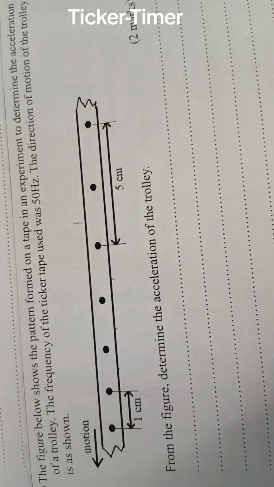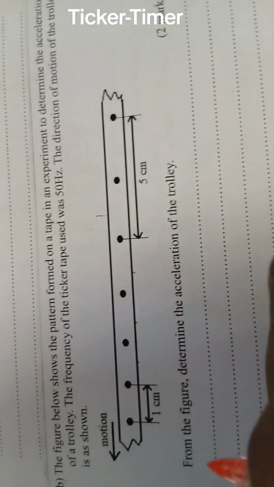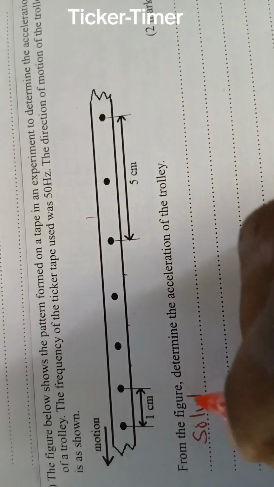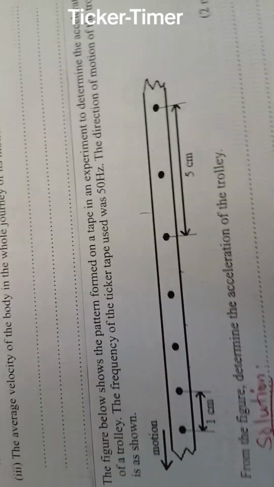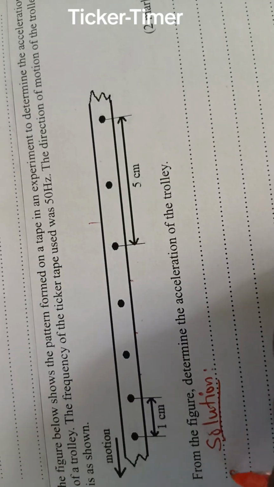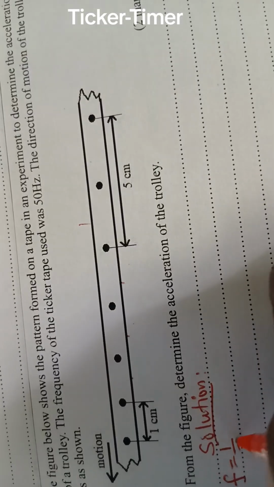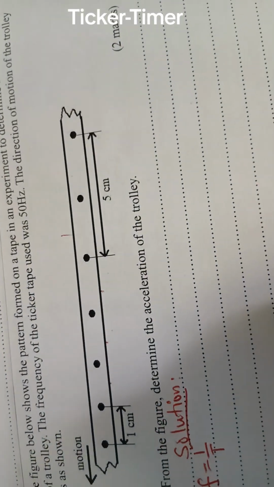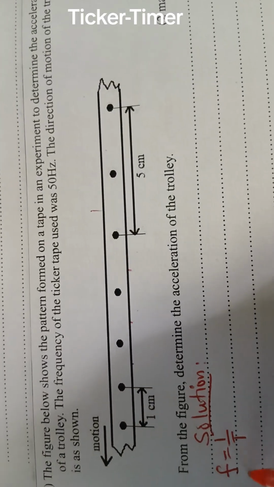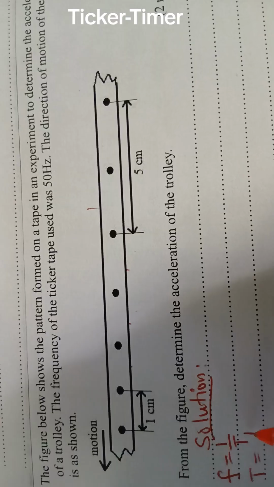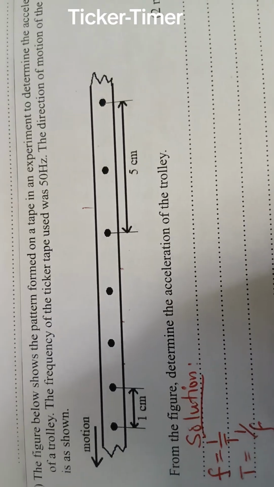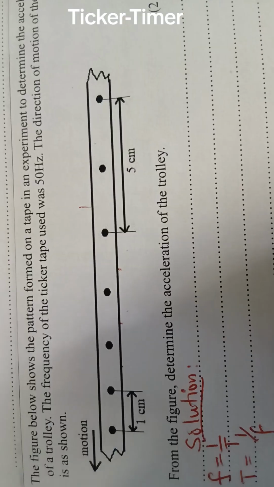So at that particular point, for our initial velocity, we can first look at frequency. So we are connecting frequency, which is given as 1 over t, where t is the periodic time. Therefore, our time is given as 1 over f, and our f is 50 Hertz.